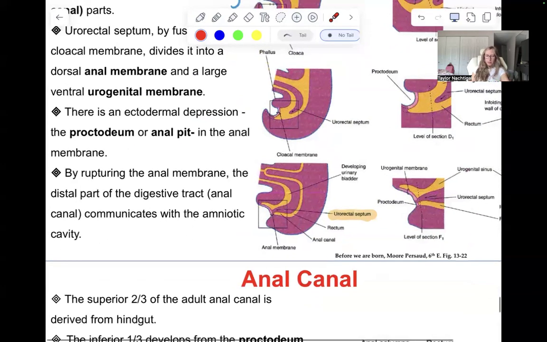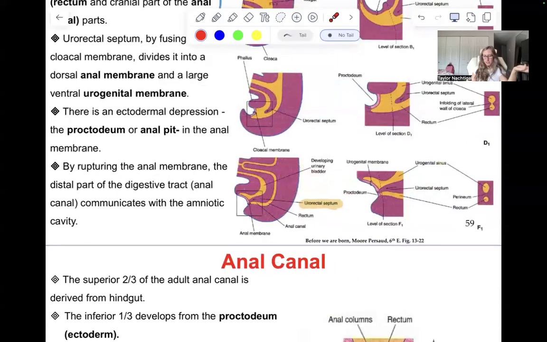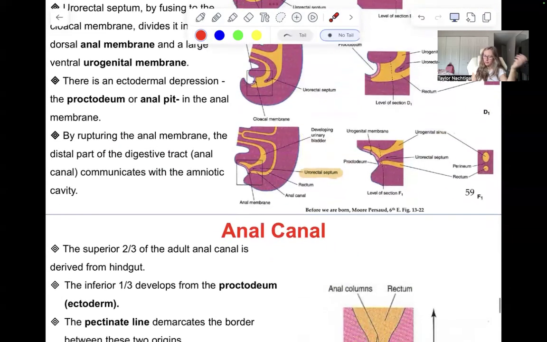So the cloacal membrane at this point is divided. The part that is covering the rectum is the proctodeum. This will eventually rupture and it will become able to communicate with the amniotic cavity, which makes sense. We know we have a sphincter there.